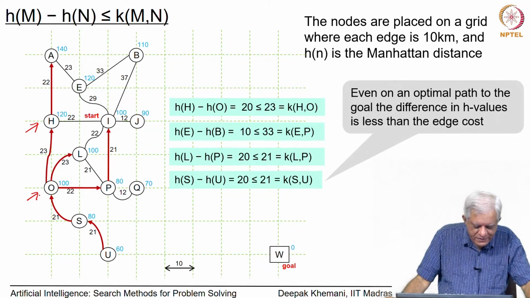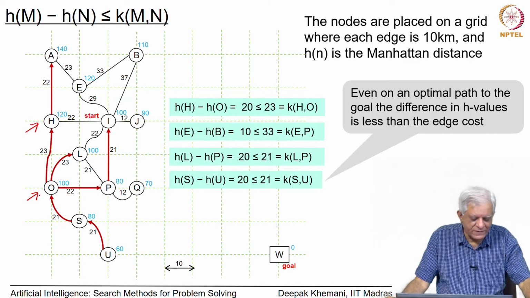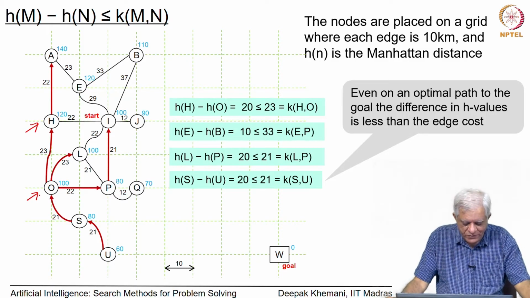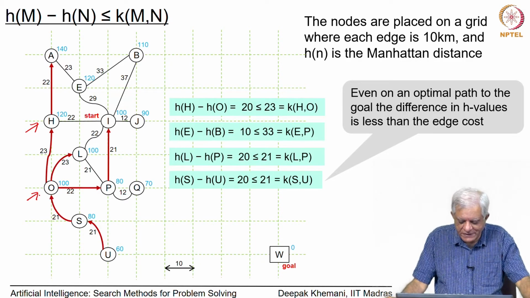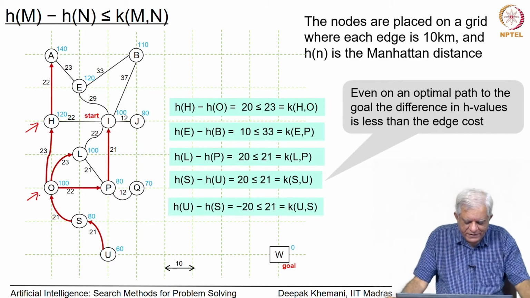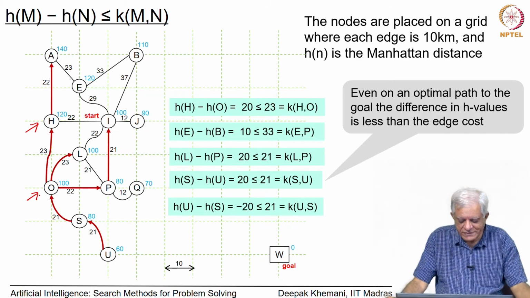And one more instance of two nodes on the optimal path, and this is going to be of our interest: the optimal path from S goes via U and then it goes on to W, as we saw earlier when we looked at A star and branch and bound. The difference is 20 and the edge cost is 21. So, this property is also satisfied. Now, if we had considered the opposite, between U and S, then the difference would have been minus 20, and that obviously would be less than the edge cost 21, because it is a negative number.